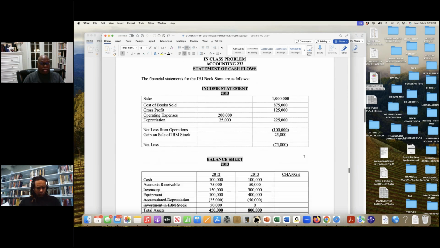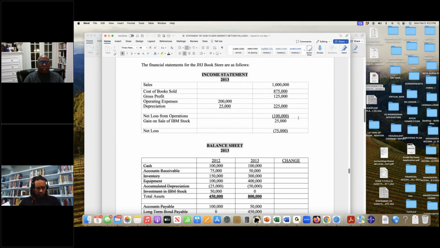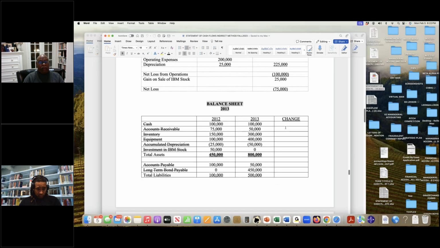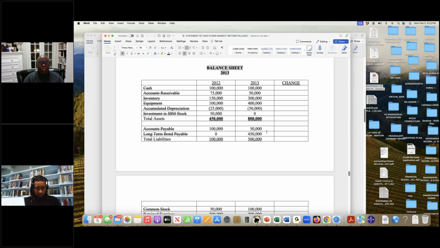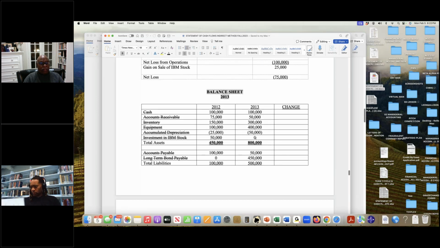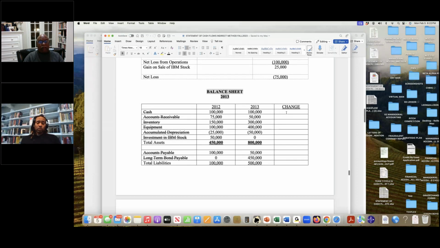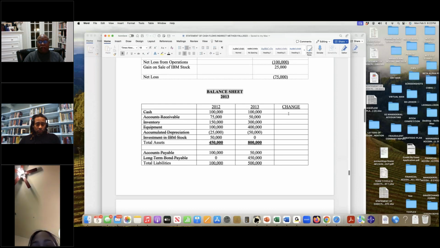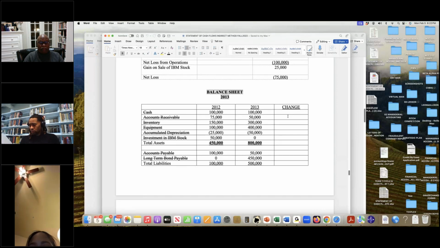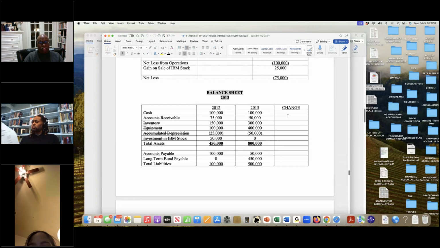Now, the way we get the cash flow statement, we have the net income or loss, a loss in this case, and then we have all of these balance sheet accounts. And we have to go through all of these balance sheet accounts to determine, given that change in cash, and in this case that change was zero, put out in all the other accounts so that the change is negative.